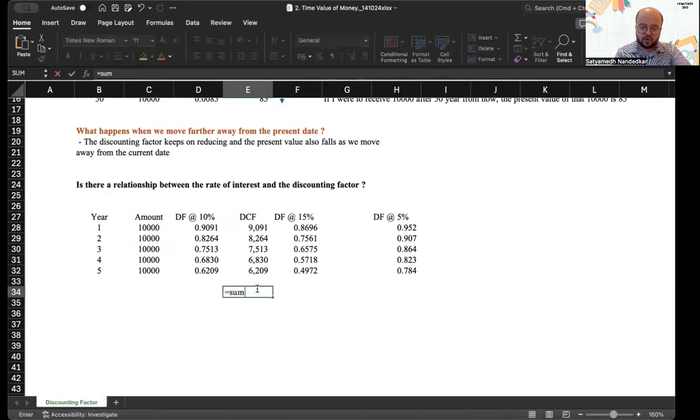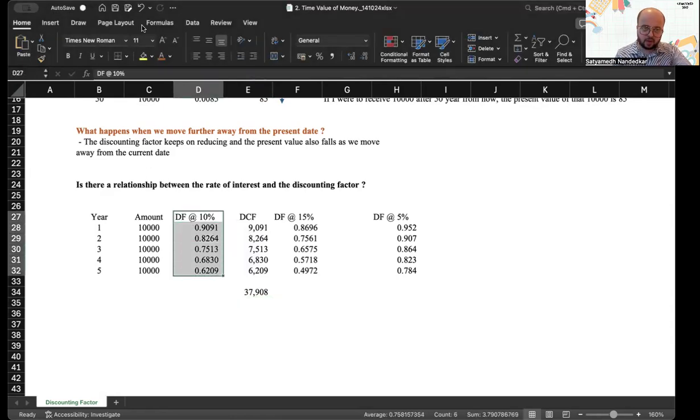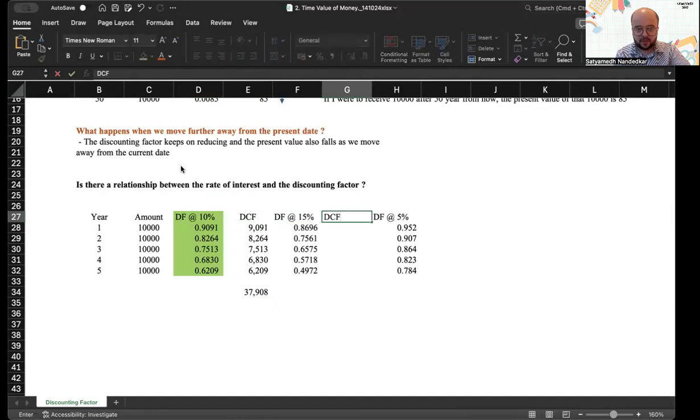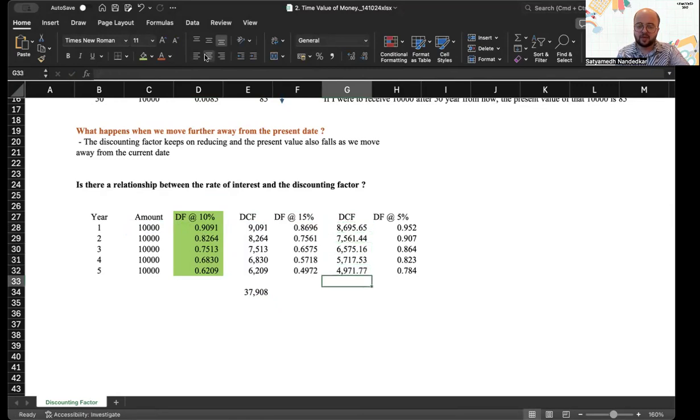Let's see the sum total for this one. The sum total for this one is 37,908. Observe this column. I'm putting it in one color. Now observe the discounting factor for 15%. If I have to calculate my discounted cash flow or the present value of my cash flow, I multiply the amount with the discounting factor for 15%.